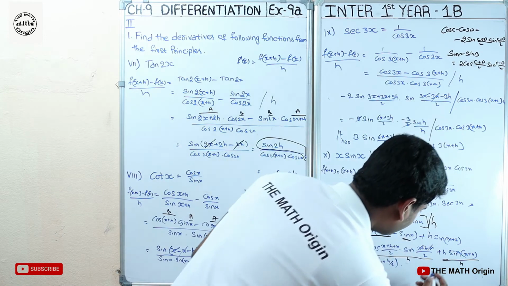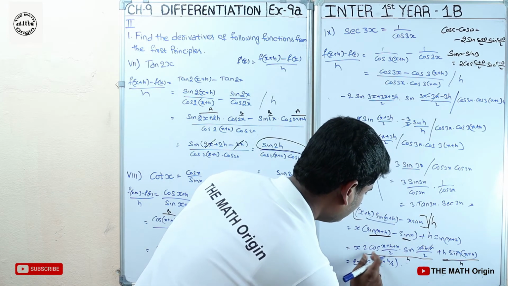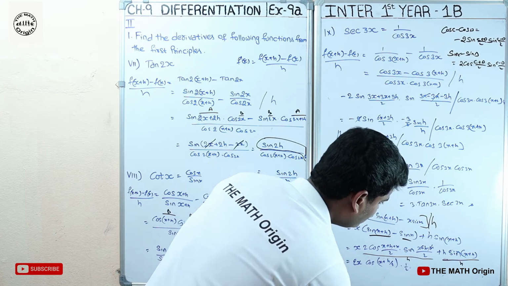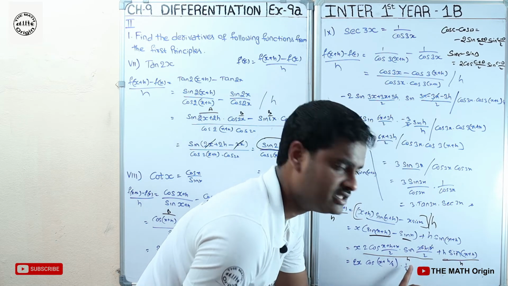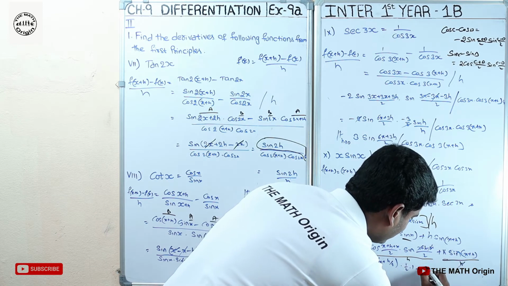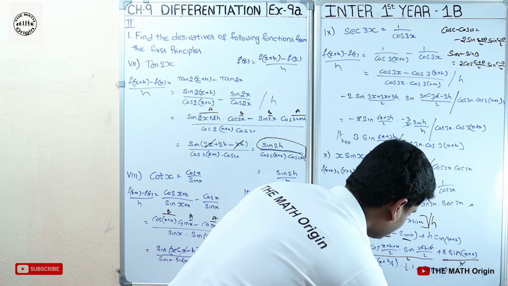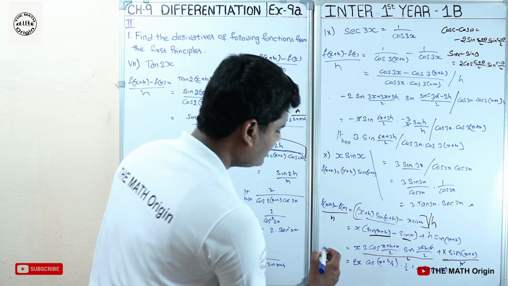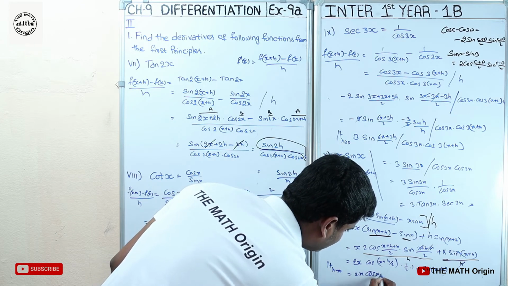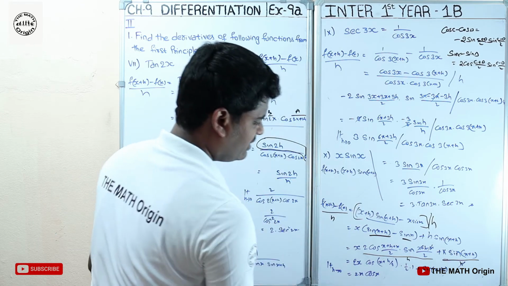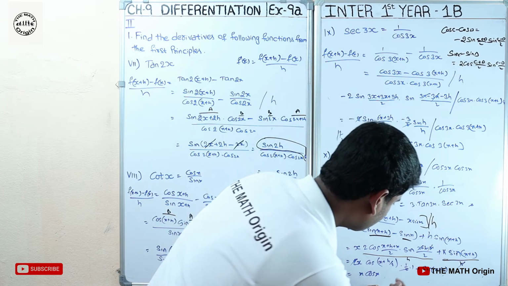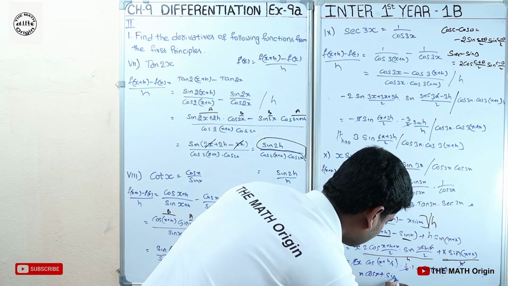Now, if you see here, 2x cos (x plus h/2) into sin (h/2) by h, that is 1 by 2, and h is cancelled, we have sin (x plus h). Now let's apply the limit h tends to 0, therefore that is equal to 2x cos x, here it is 1 by 2, no, 2 is cancelled, there won't be 2, x cos x plus sin x.